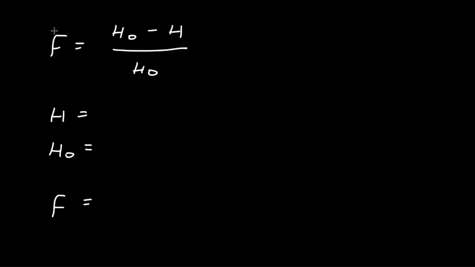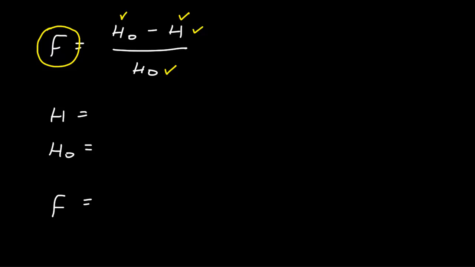Okay, so to calculate F now, remember that the equation is H naught minus H, divided by H naught. So what does H represent? That's the proportion of individuals that are heterozygous, or heterozygotes, in our population. That's our proportion of A1A2s.